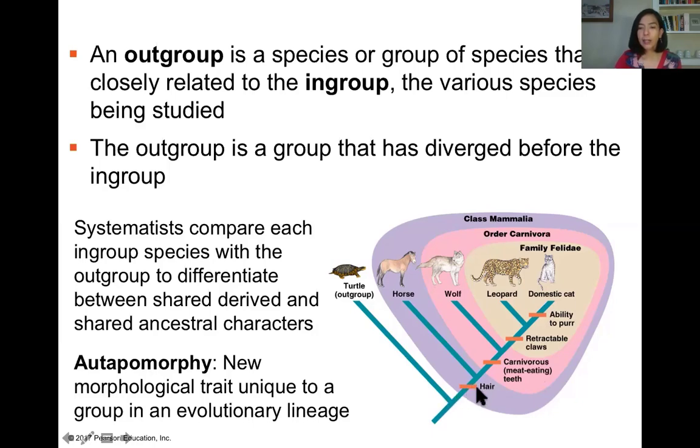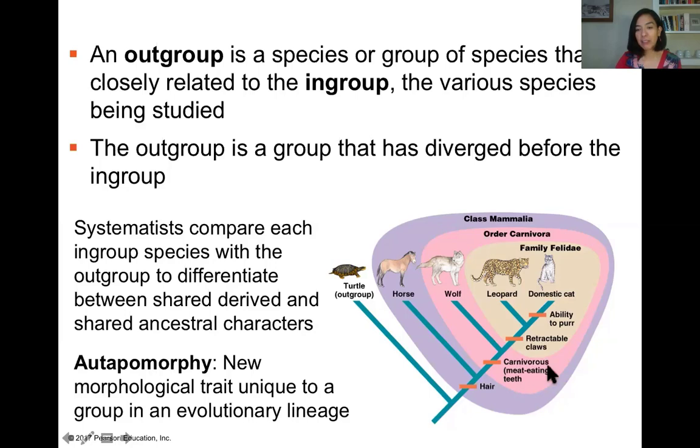In here we have the presence of only one feature, hair, out of the 4 that I told you are shared in all of the mammals. That's hair. Now, if we look at this order Carnivora, these 3 species, we see that they share having meat-eating teeth.